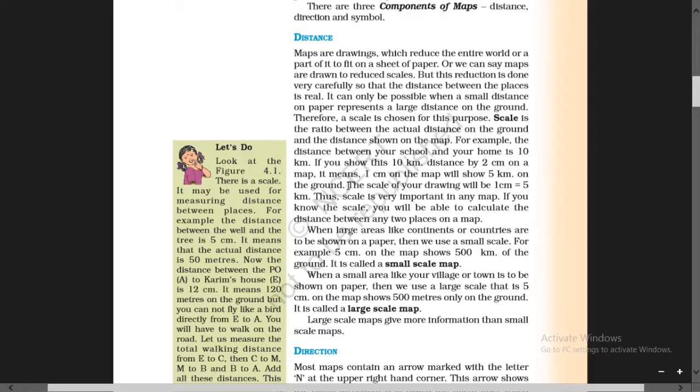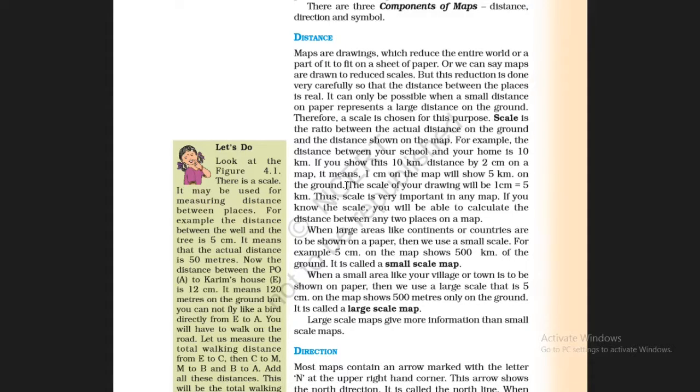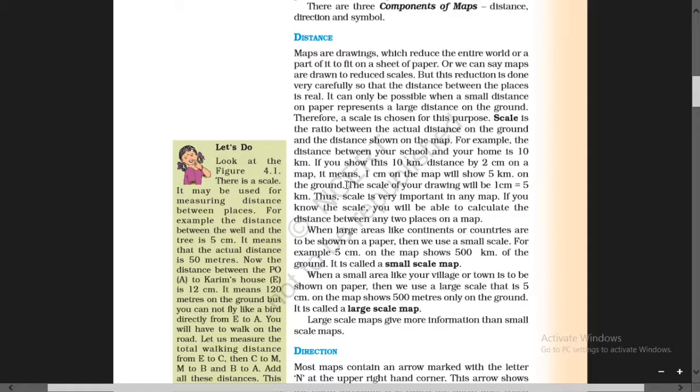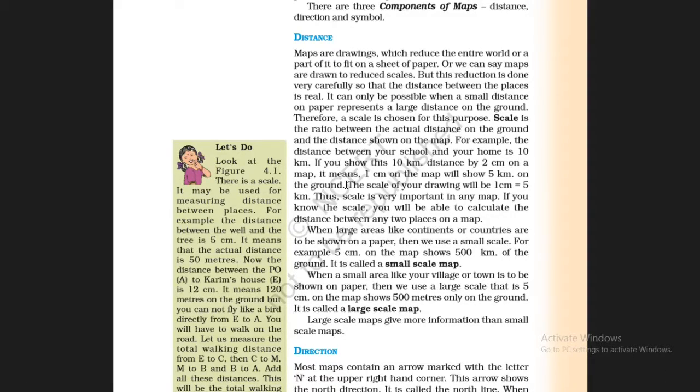So here, if you show this 10-kilometer distance by 2 centimeters on a map, it means 1 centimeter on the map will show 5 kilometers. 5 plus 5, it becomes 10.